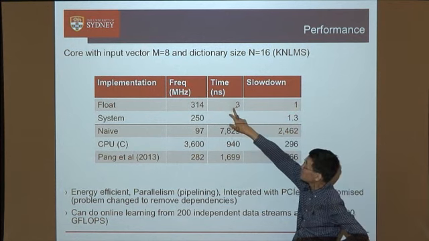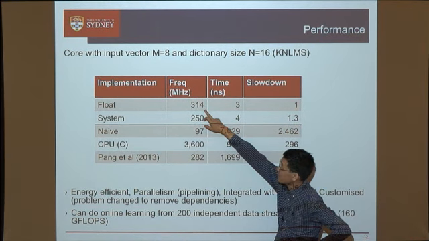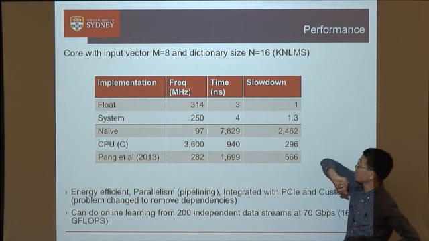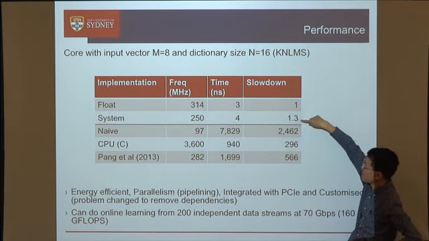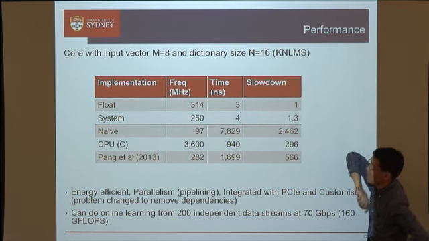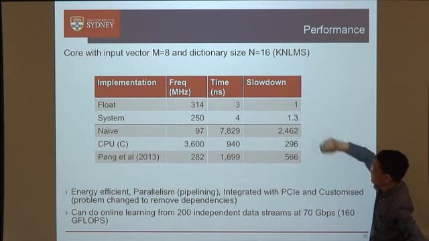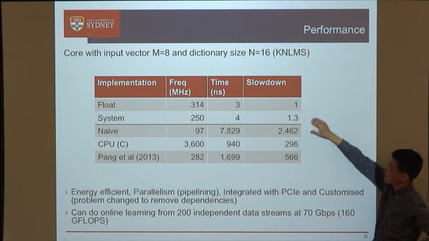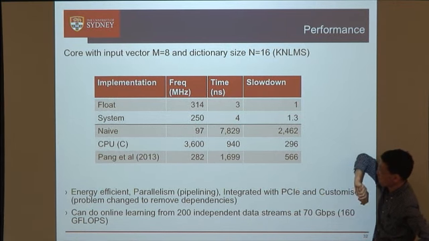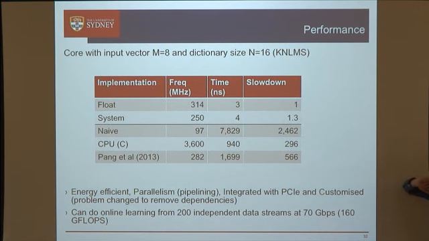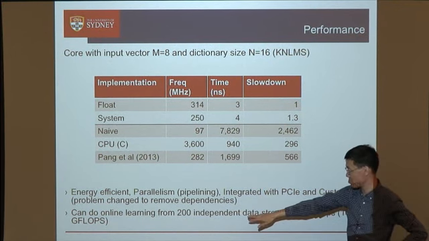It can take a new input vector at 300 megahertz, and if we use our updated system implementation, that adds about 30% overhead to it. Compared to, say, a naive HLS synthesized implementation, that's about 2,000 times faster. And it was actually, surprisingly, 500 times faster than our vector implementation. So with this type of implementation, we could do machine learning.